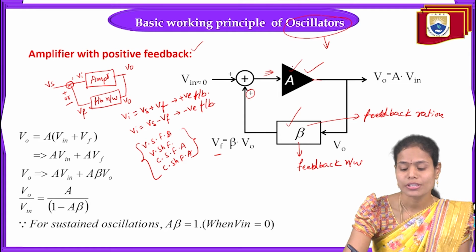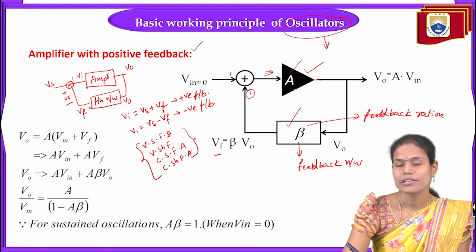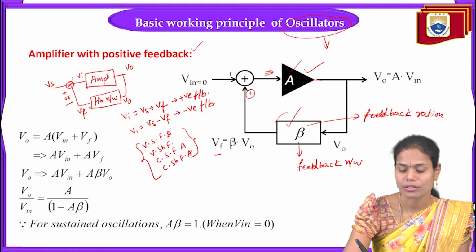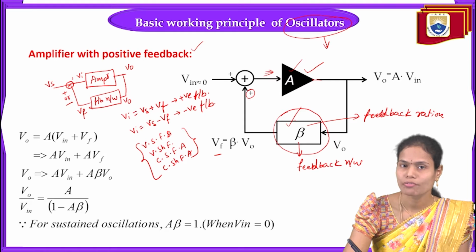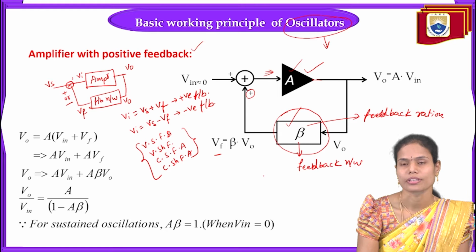Generally in amplifiers, we can use either a bipolar junction transistor, field effect transistor, or operational amplifier. But the basic oscillations are generated by the feedback network. According to which waveform we require, we have to design this particular feedback network in such a way that it provides the desired phase shift.